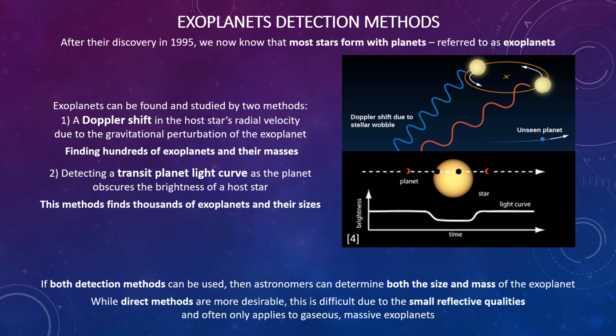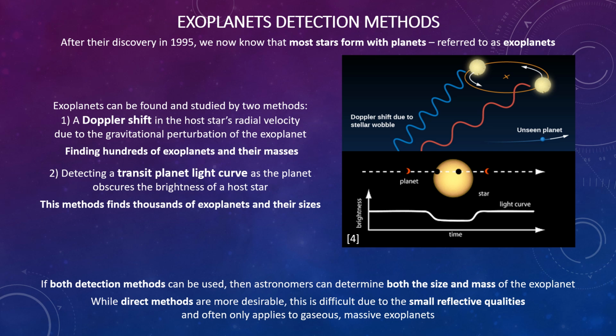The other method that's been very useful for finding exoplanets is the transit planet light curve method. So we can actually see a good example on the right in the lower image. If the orientation is correct from our viewing angle here on Earth, and an exoplanet goes in front of a star, that will cause some of the star's light to be blocked by the exoplanet and cause the brightness to momentarily decrease while the exoplanet goes across the star from our perspective.